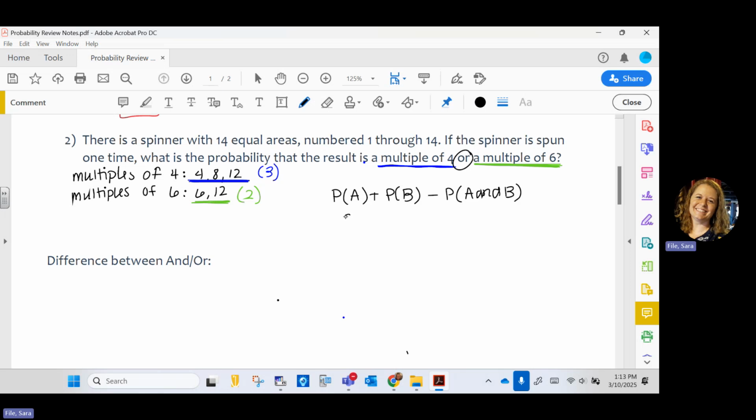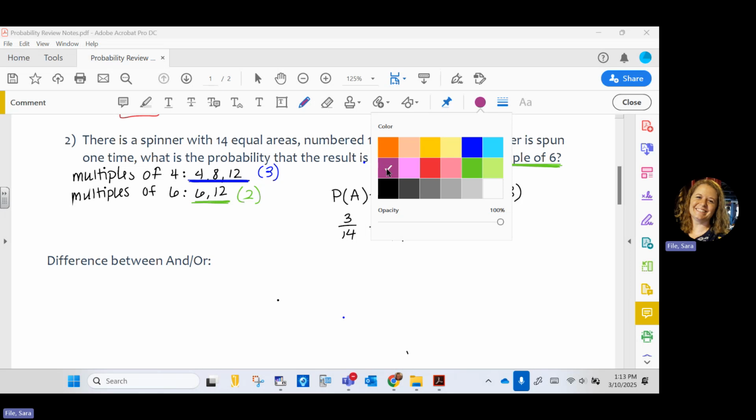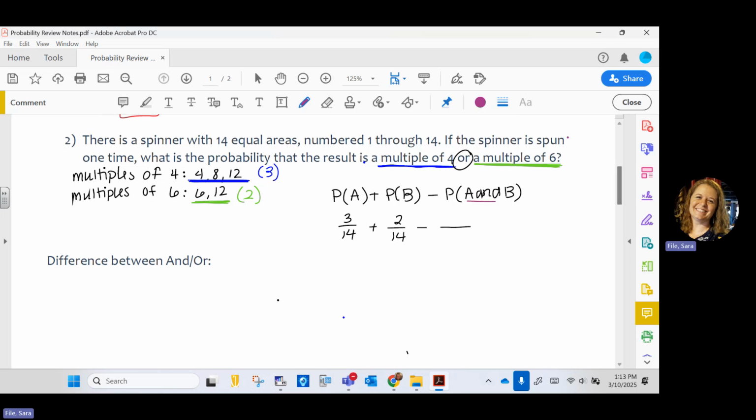So there's a 3 in 14 chance and a 2 in 14 chance. But are any of those numbers both a multiple of A and B? Were any of those numbers we listed duplicated?